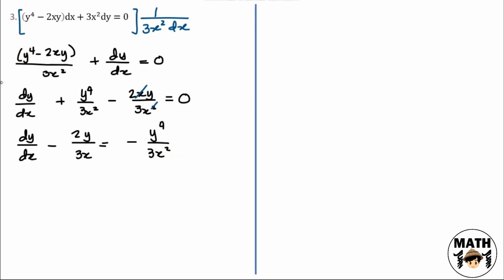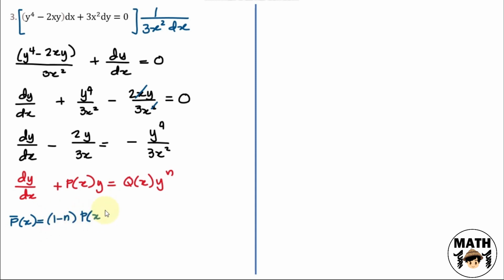Ang standard equation ng Bernoulli differential equation is derivative of y with respect to x plus p of x times y equals q of x times y raised to n. Nakita natin sa mga previous solution na yung bagong value ng p is just equal to 1 minus n multiplied by the original p, and for the new q, that is the same, multiply lang natin by 1 minus n yung dating q. Identify natin ngayon ano ba yung value ng n for this differential equation.